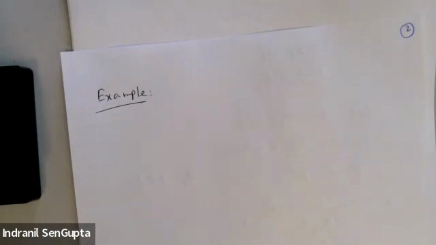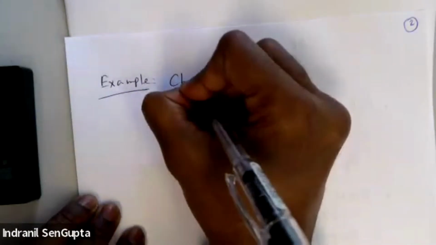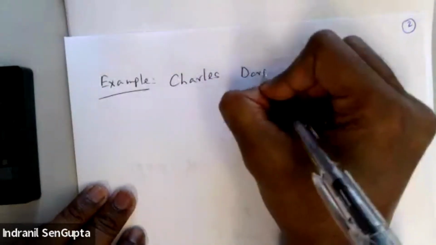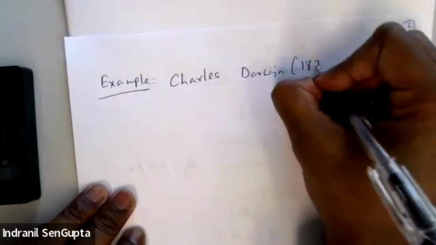As mentioned in the book, the data set is taken from one of the very famous old works of Charles Darwin, an old one from 1878.